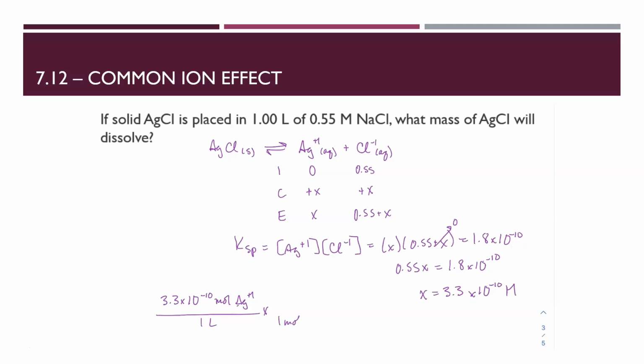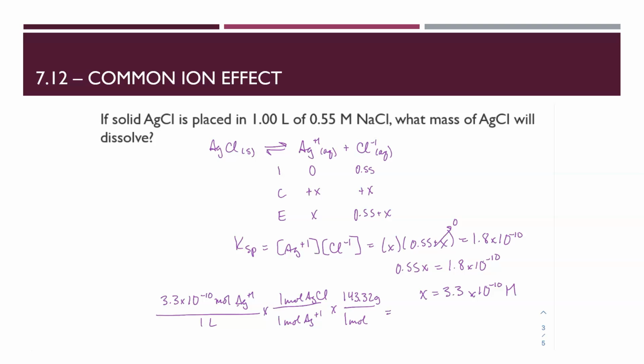And we know that we have 1 mole of silver to every 1 mole of silver chloride, because it's a 1-to-1 ratio. And then 1 mole of silver chloride has a mass of 143.32 grams.